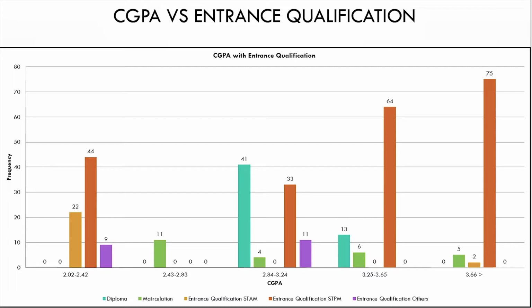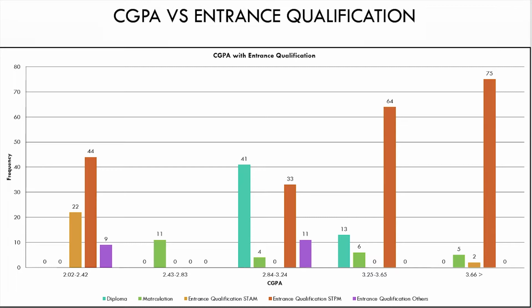For the lowest from 2.84 until 3.24 is 4% from matriculation. From 3.25 until 3.65 is also from matriculation.